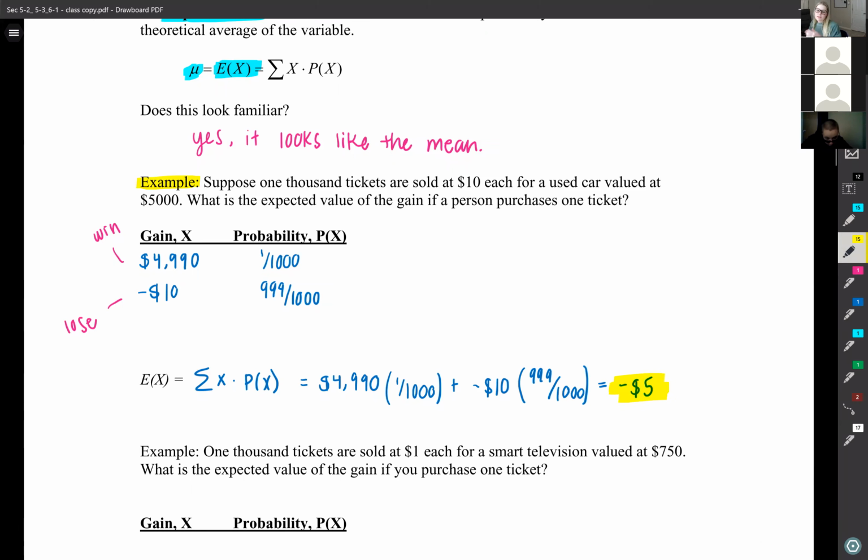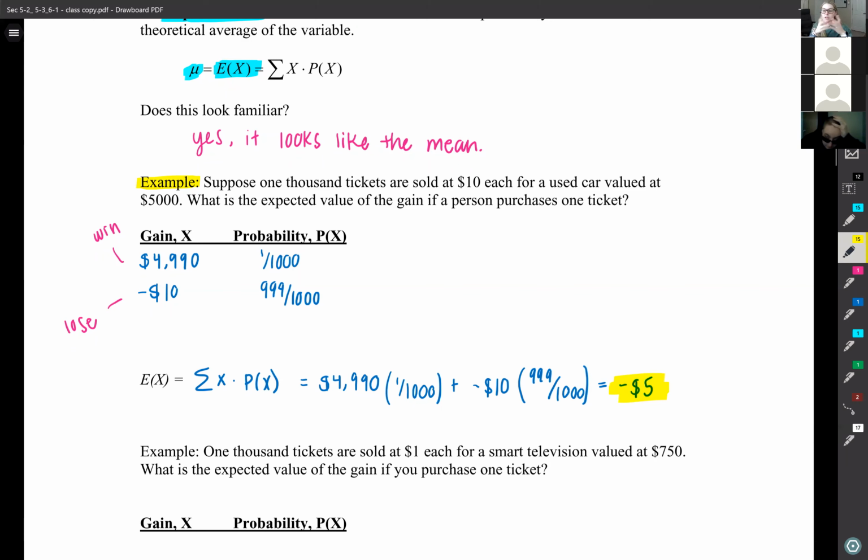All right, so this might pose an interesting question of what does that even mean to have an expected value of -$5? Because you're probably looking at it and saying, my only two options are that I lose $10 or I gain 4,990. So how is the expected value -$5? That doesn't really make too much sense. So the expected value is really the average of the losses of all the ticket holders.